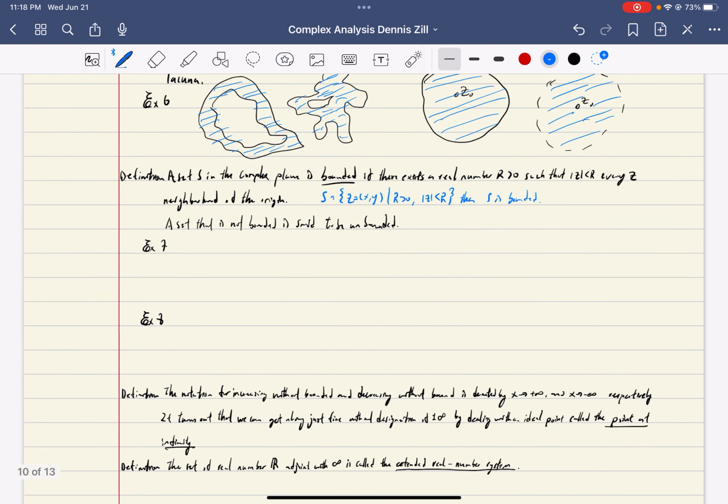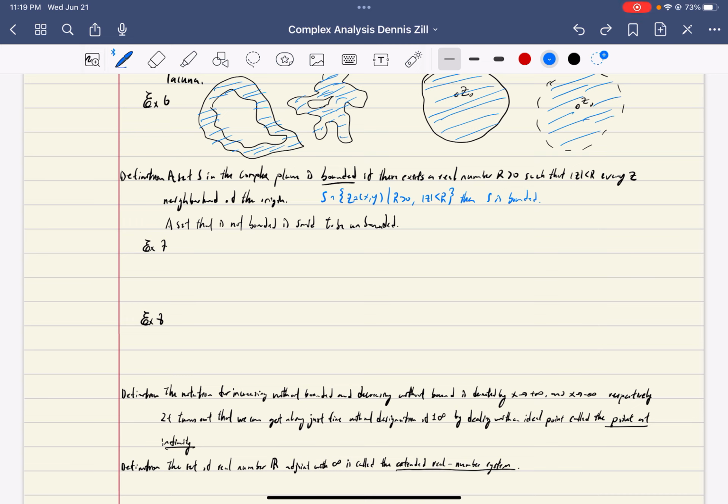Now a set S in the complex plane is bounded if there exists a real number r greater than 0 such that the modulus of z is less than r for every z in S. If you write it mathematically, S is the set of complex numbers z = (x, y) such that r > 0 and r > |z|, then S is bounded.